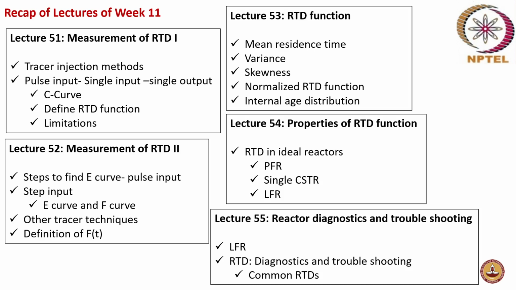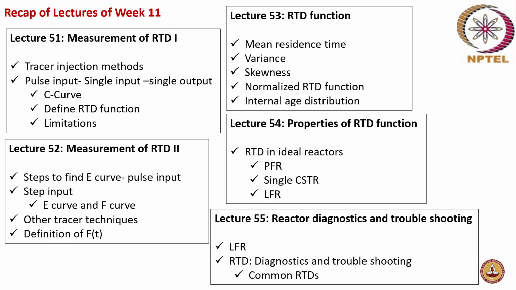Further into the session, the pulse input was described in detail, where a single input and single output system was discussed. Here again, the C curve, the definition of RTD function, and the limitations of a pulse input were all discussed in the session.